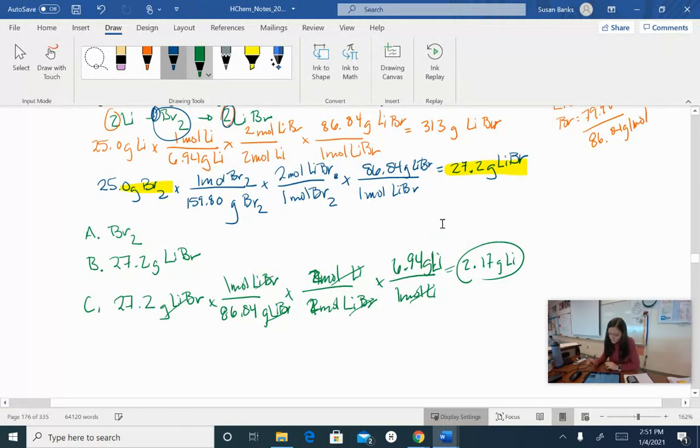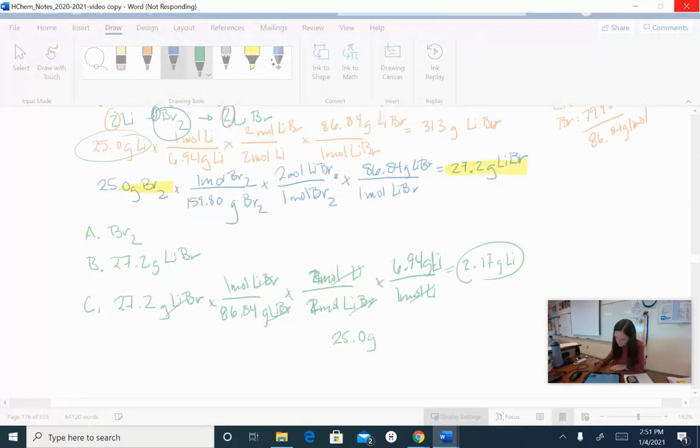So I started with 25 grams of lithium all the way up here. And I'm going to subtract the 2.17 grams that I use up to make this. So that will give me 22.8 grams of lithium left.